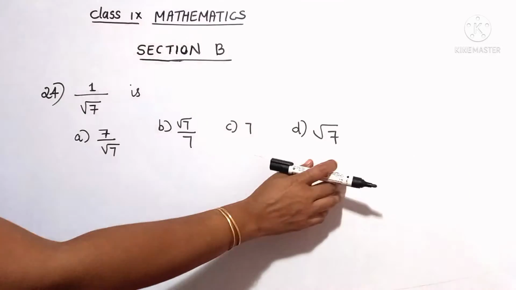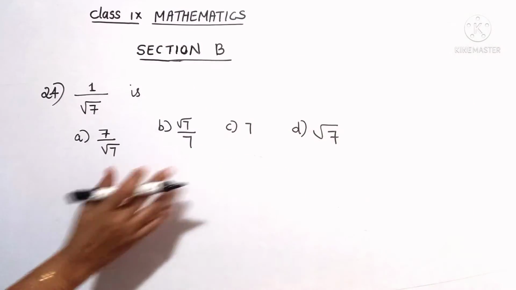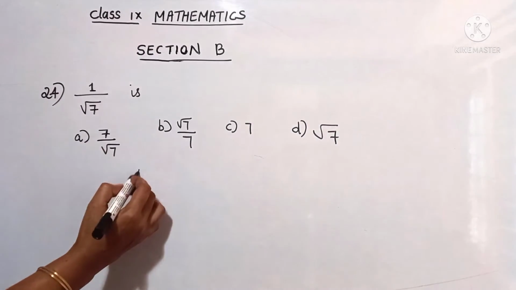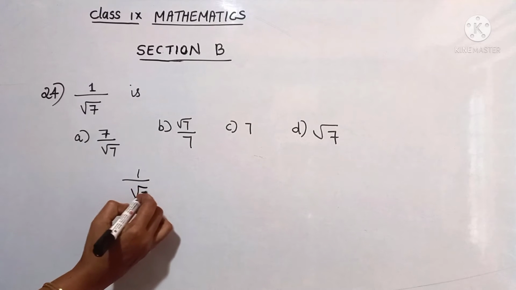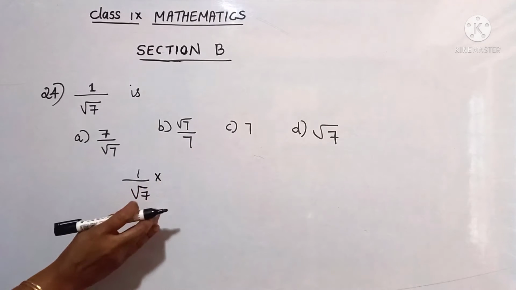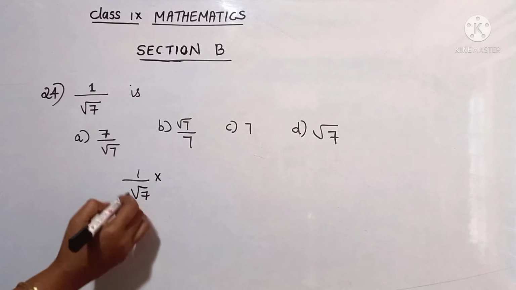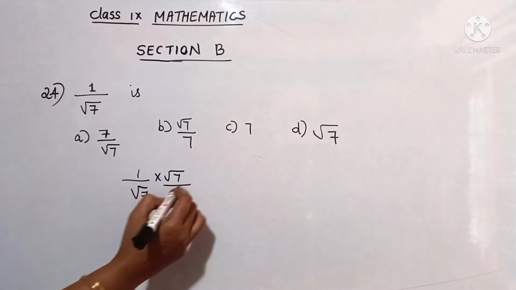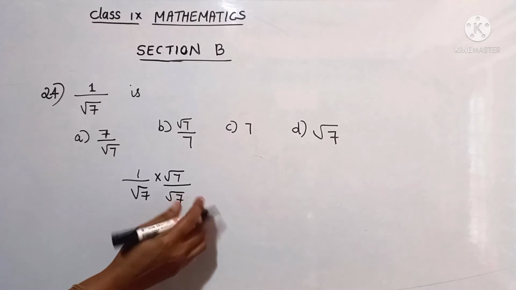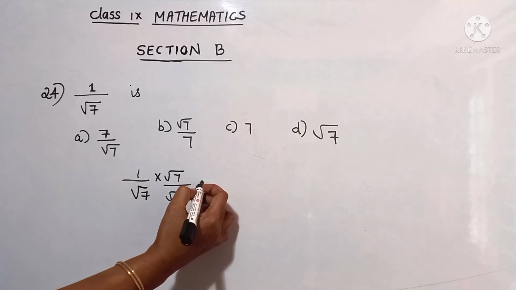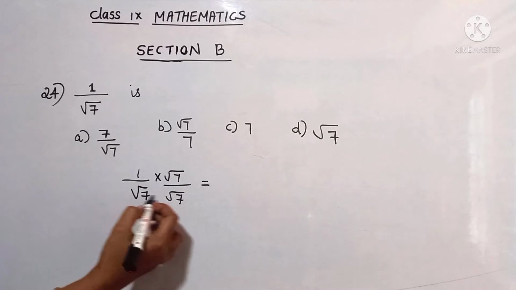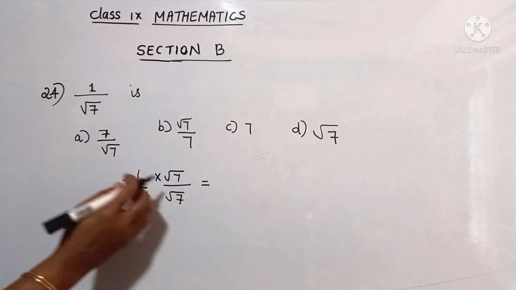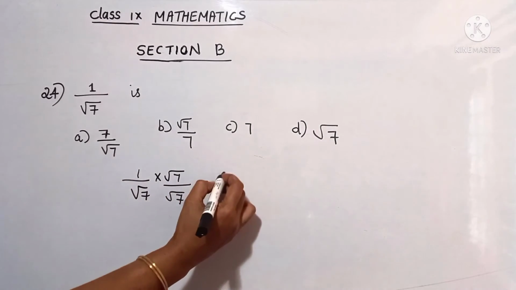Next question is 1 by root 7. The options are given. We have to solve it to get this answer. Here it is 1 by root 7. We know it can be multiplied, as the denominator is root 7. If we multiply by root 7 by root 7, there is no change. That is equal to root 7 into root 7, we know that is 7, and 1 into root 7 is root 7 itself.